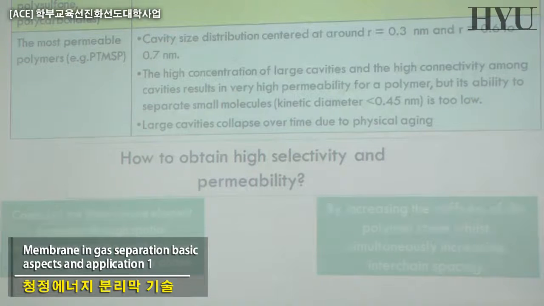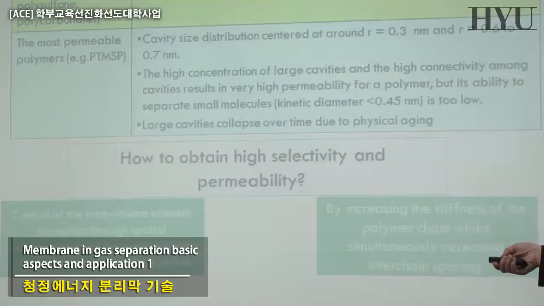So how can we do? How can we overcome the existing limits? There are two ways. One is by increasing the stiffness of the polymer chain and simultaneously increasing the interchain spacing. That is what can happen, for example, in polytrimethylsilylpropene, where we have this interesting branch along the polymer.